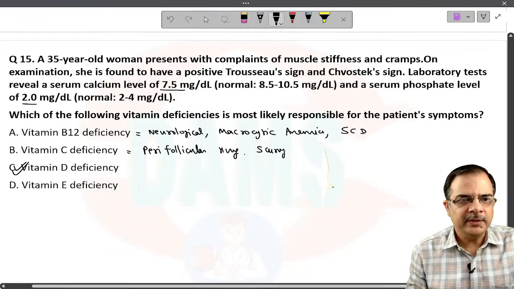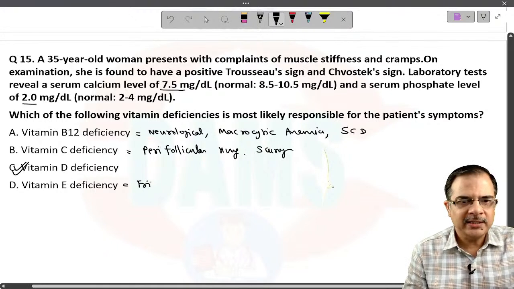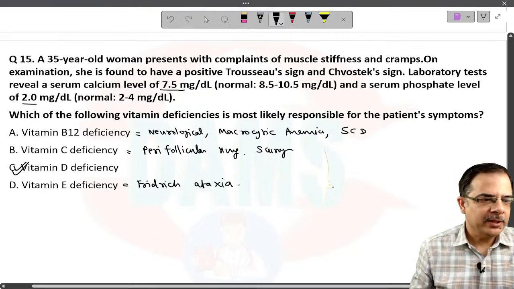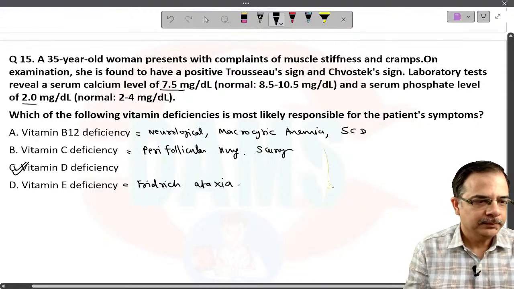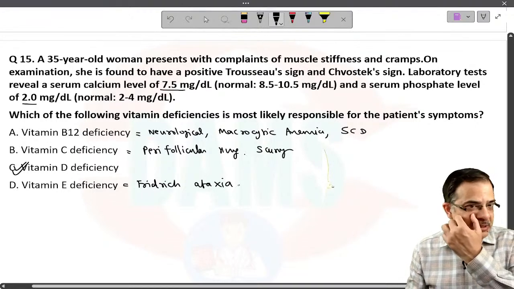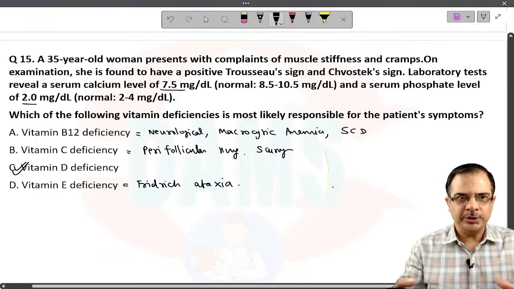That will be very easy. And vitamin E deficiency might lead to Friedreich's ataxia. So these are the nutrition-based or deficiency-related questions.